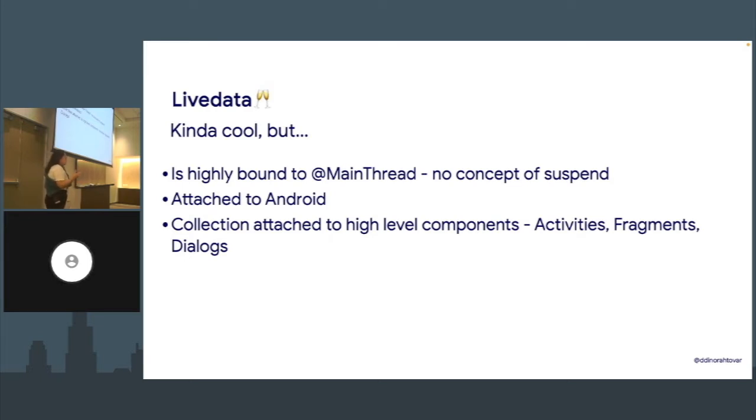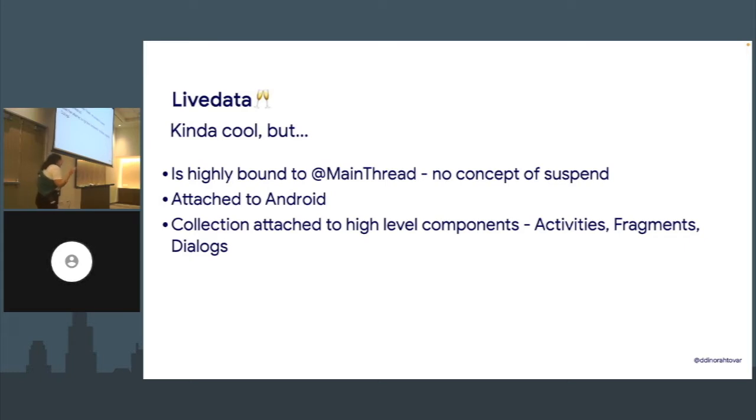And you probably remember there was a version of the paging library, or even Room, that has the option to return LiveData, but you ended up using a component that was purely Android in your repositories, in your data sources. You ended up bringing something that was only focused on Android to the bottom of your application.